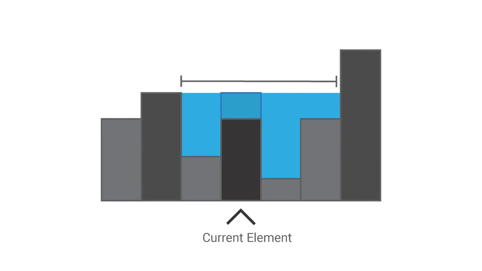The highest bars on either side of this element will be the limiting factor for trapping the water, right? And again, the minimum bar, the bar with minimum height, when we compare the left and right side bars, that is the minimum among these two bars will be the limiting one, right?